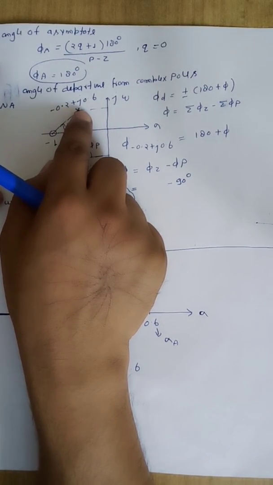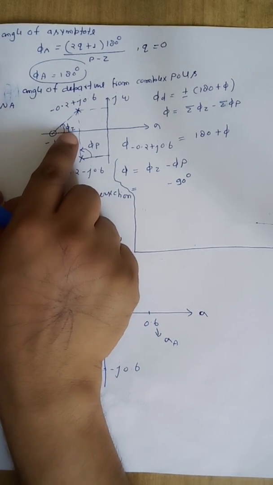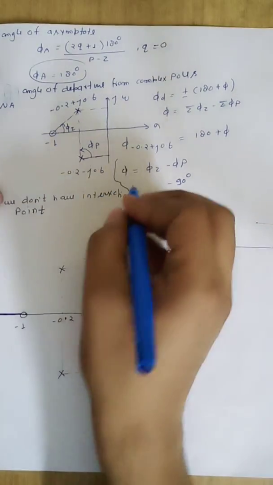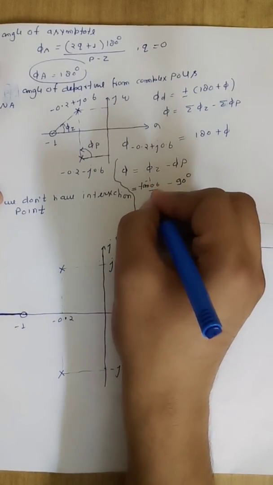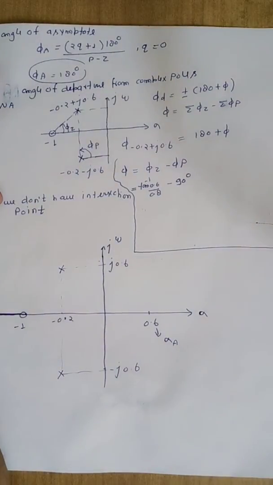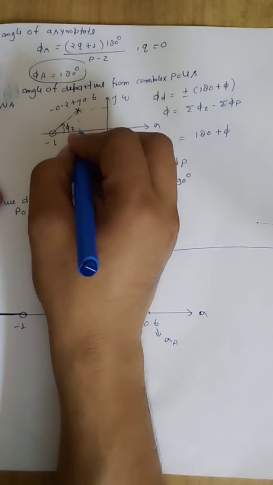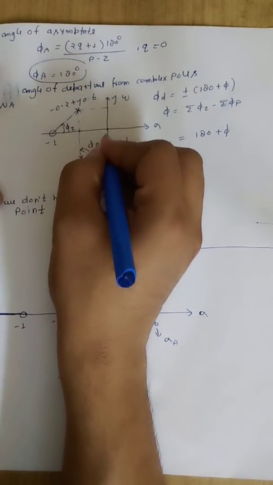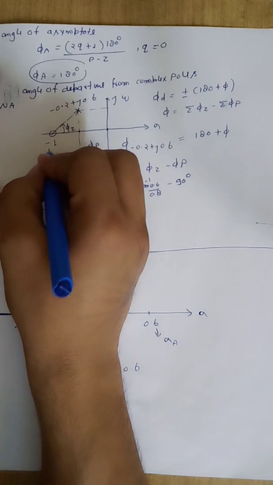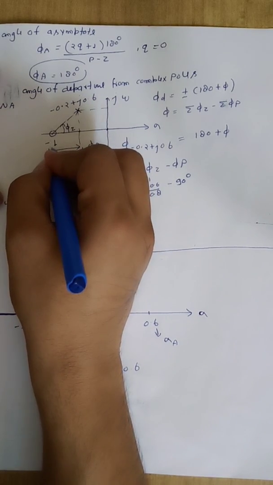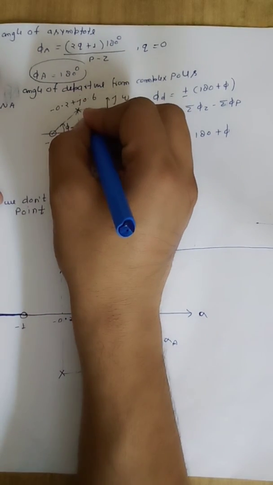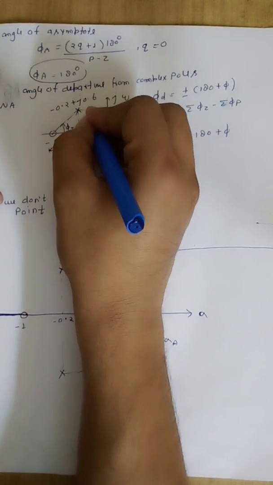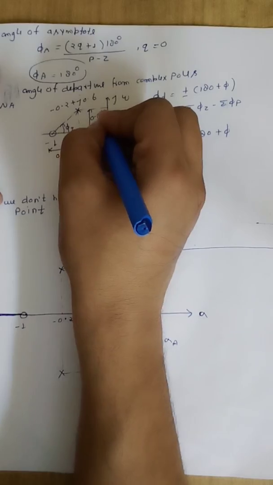Suppose this angle be phi z. So we can calculate phi z with the help of tan inverse 0.6 divided by 0.8, because this value is 0.2. So this value becomes 0.8, and on imaginary axis this value is 0.6.